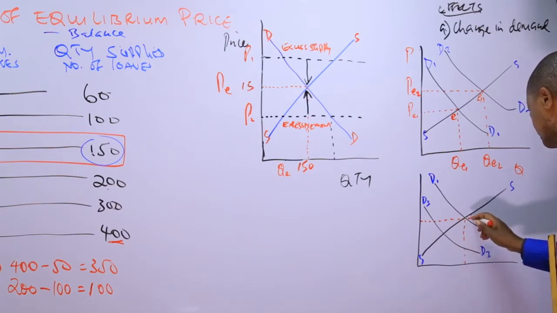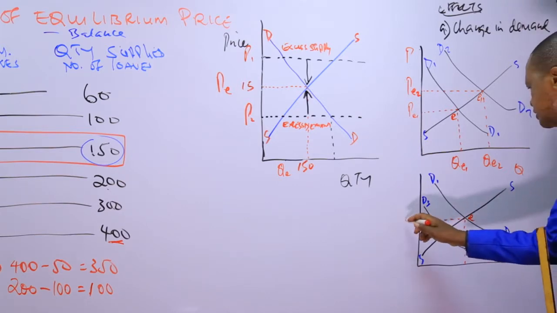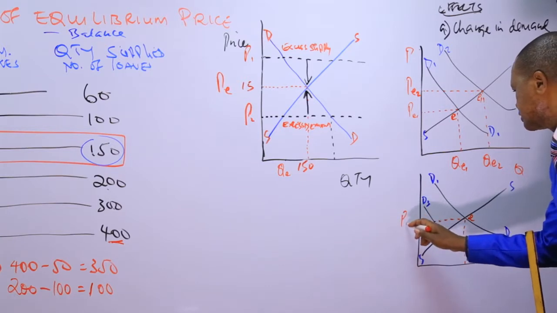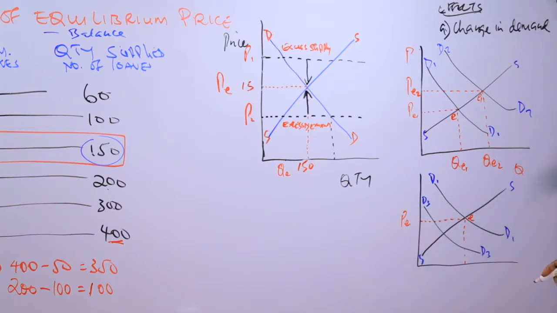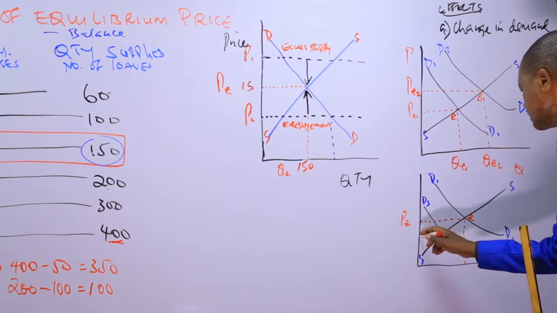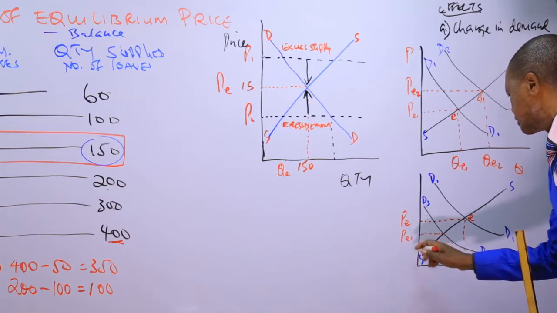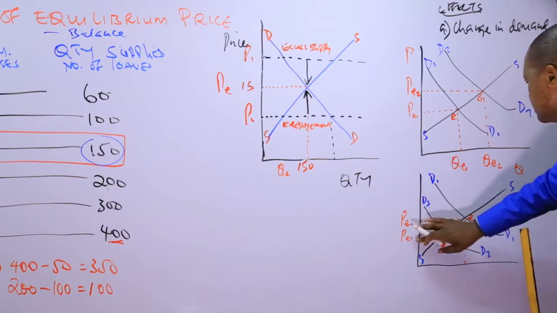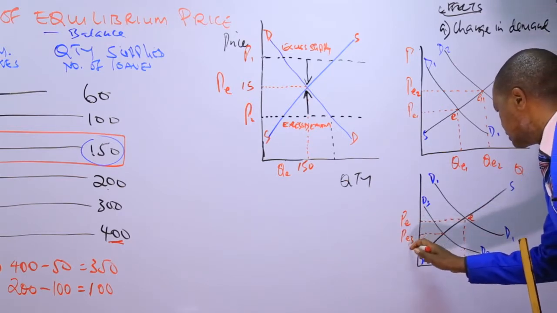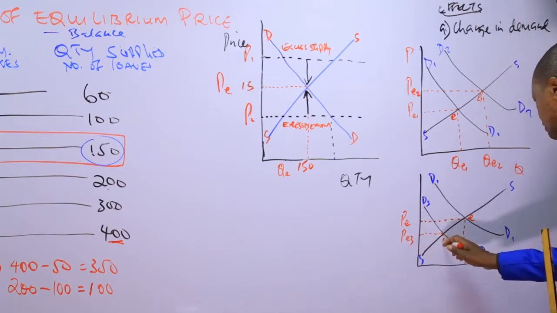This is the equilibrium, and this is the equilibrium price. And we have a new equilibrium price here, we can call it PE3, and a new equilibrium quantity.